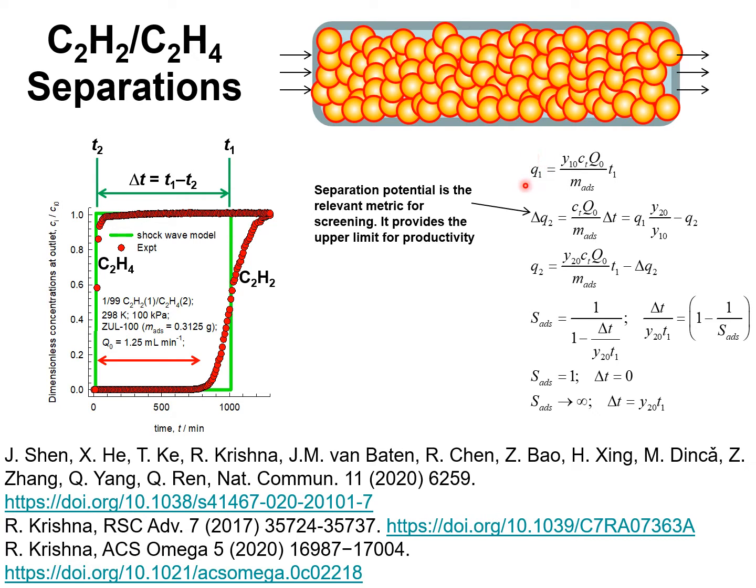So if Q1 is calculated from the IAST, we can determine T1 from this expression, where the experimental values for Q0 and MADS are used, and the T1 that is calculated is shown by the green line here.